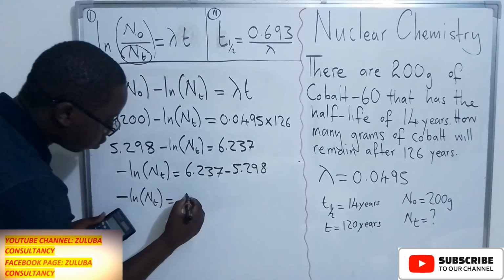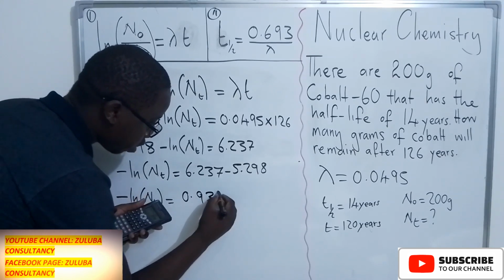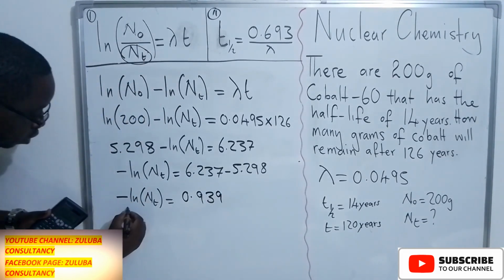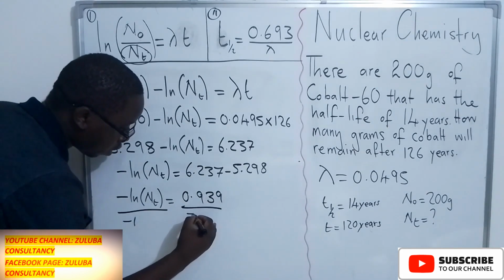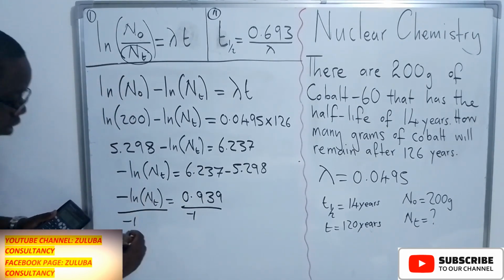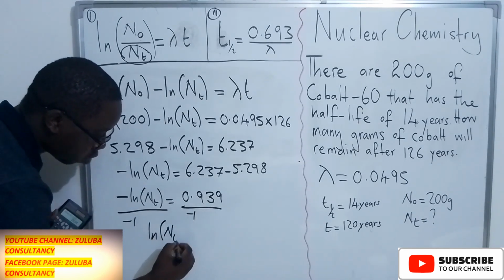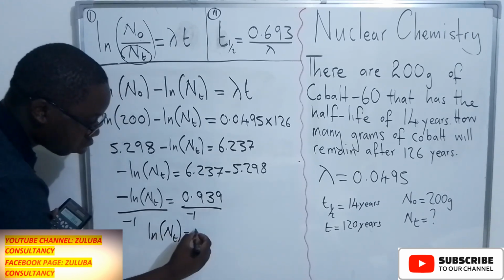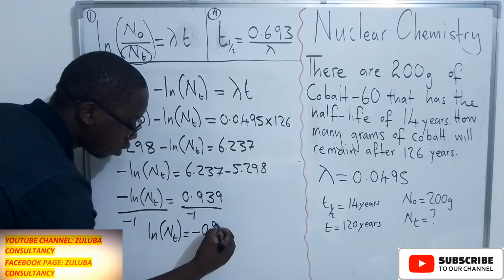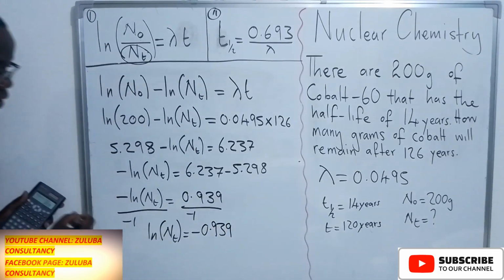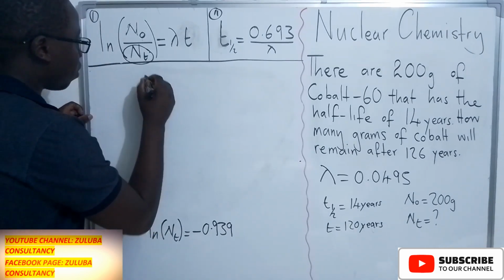It is giving us 0.939. We can divide both sides by -1, so that we remain with a positive natural log there. So the positive natural log is equal to -0.939. I am now going to move this on top here so that we continue with our journey.